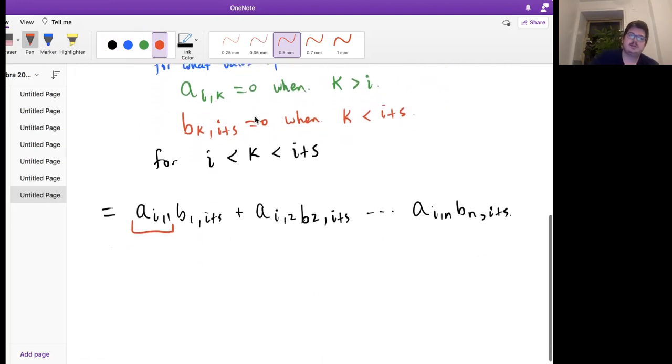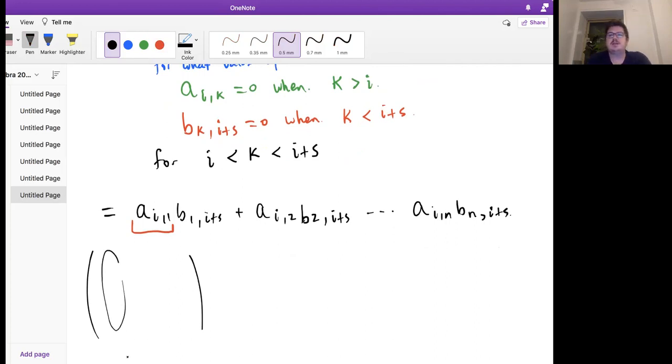So remember we're in the first column. What's the only possible way for this to be, well, that one doesn't make too much sense.